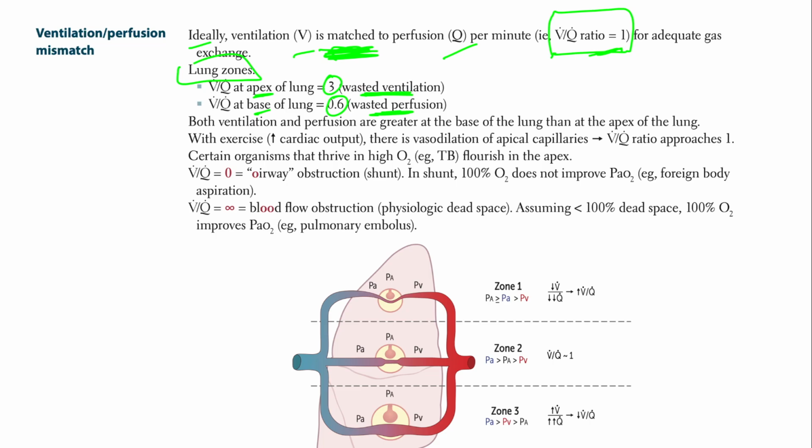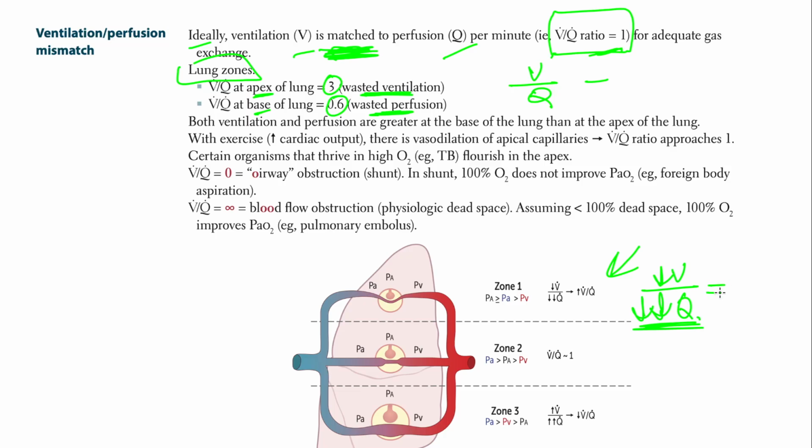Because we said ventilation is divided by perfusion, in the apex, if you look at this picture right here, you have low ventilation, but way too low perfusion, meaning way too low blood supply, while ventilation is low, meaning air is also going there, but to a lower amount.